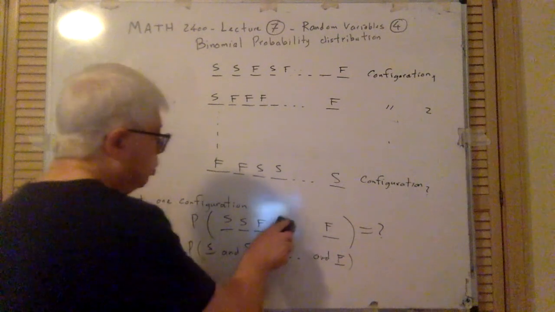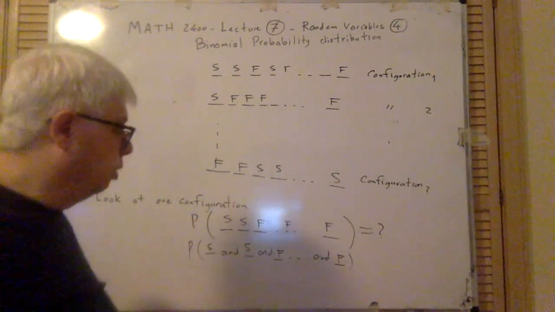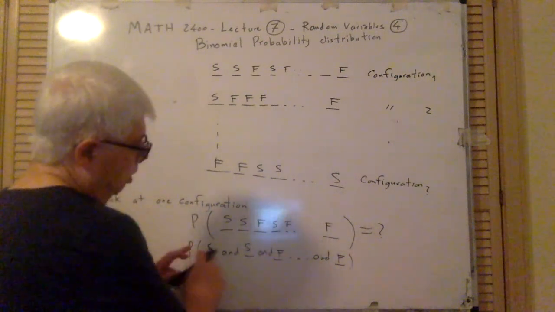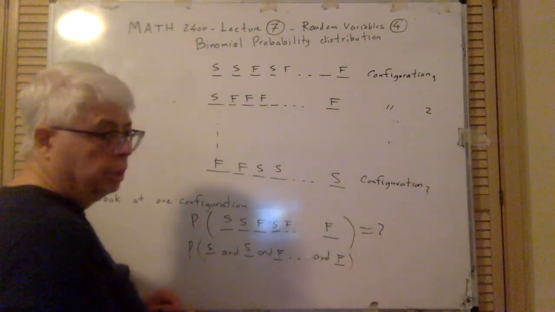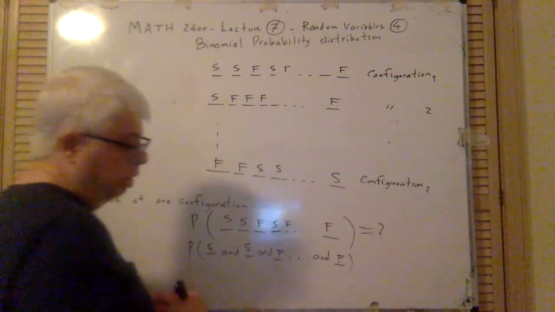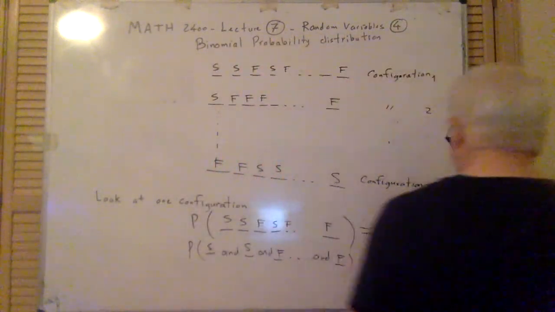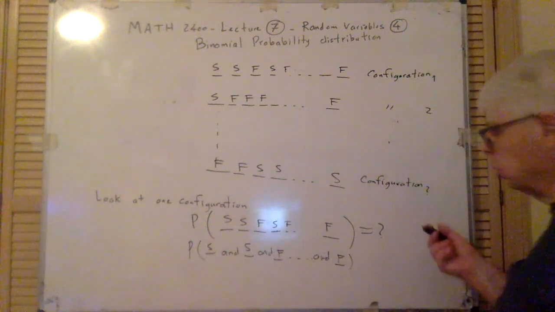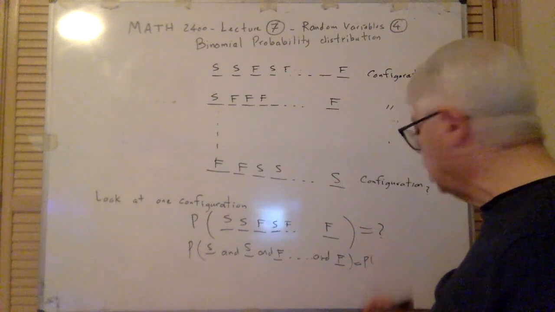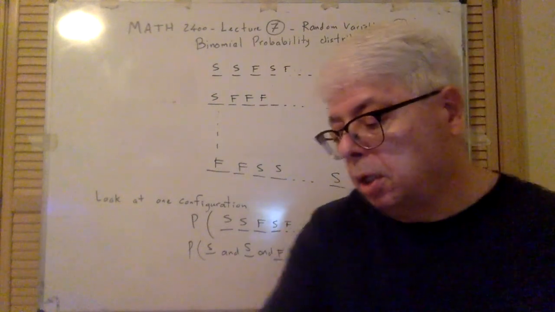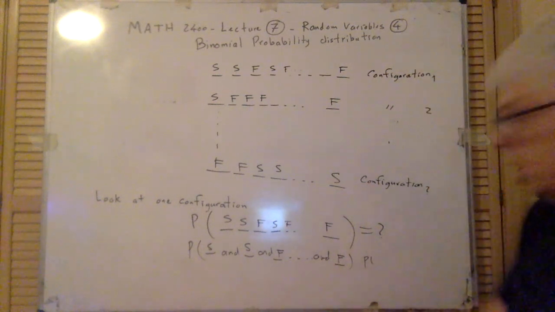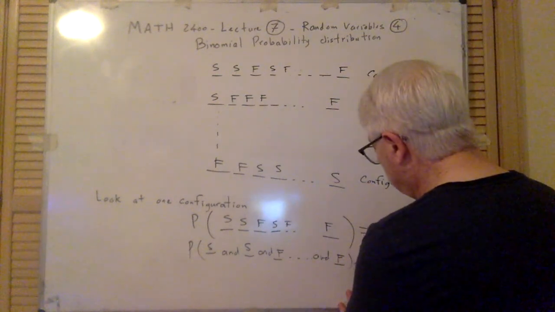So what was the procedure for finding the probability of independent events when you have and between them? I guess we call it the multiplication rule or product rule or whatever. So it is the product of these probabilities.